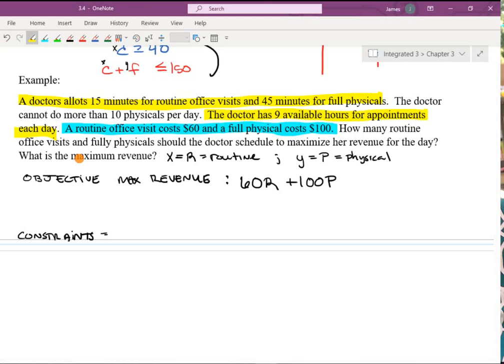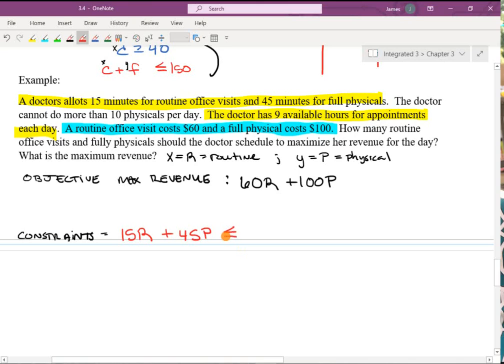Some of the units are minutes, and one of the units is hours, right? We can't leave them different, okay? So you're either going to have to change minutes into hours or hours into minutes. And I think the easiest thing here to do to talk about the time constraint is just to say 15 minutes for a routine plus 45 for a physical.